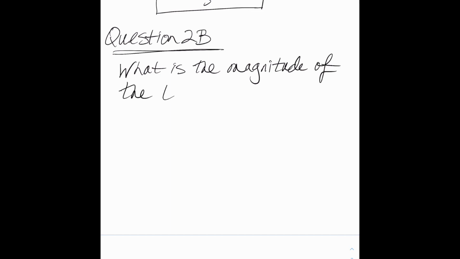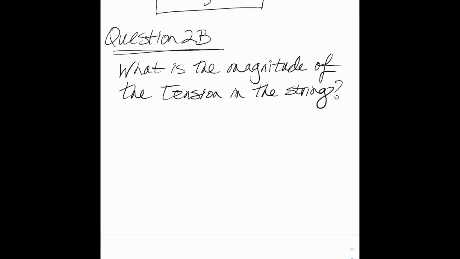What is the magnitude of the tension in the string? All right. So, okay. So I like to ask this question.